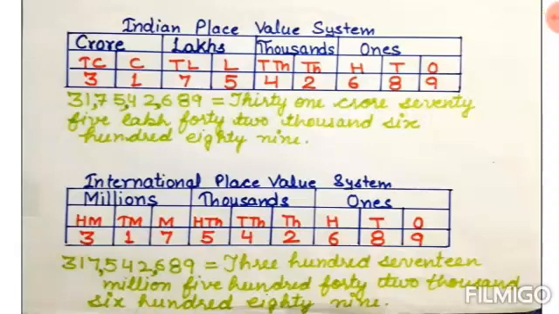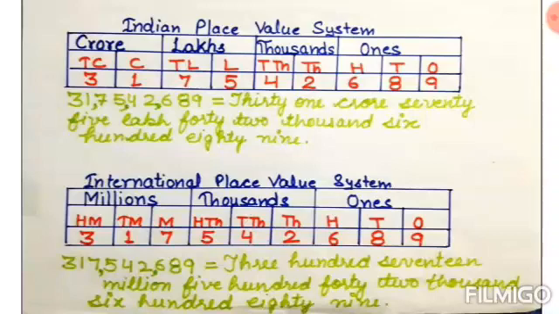Now let us revise the Indian place value system and the international place value system with the help of an example. Here 9 digits are given and we read the number under both systems. First of all, we will do the Indian place value system.